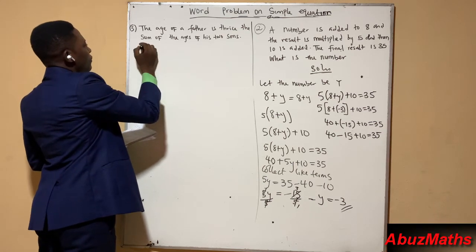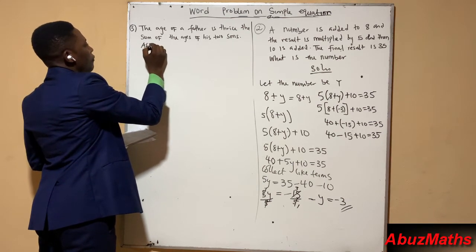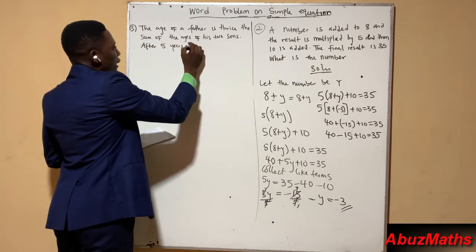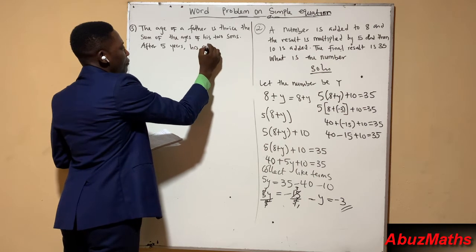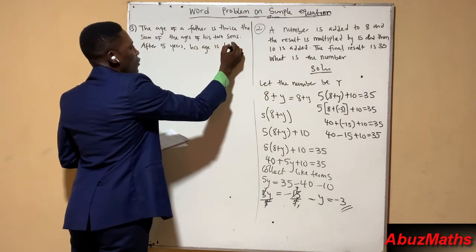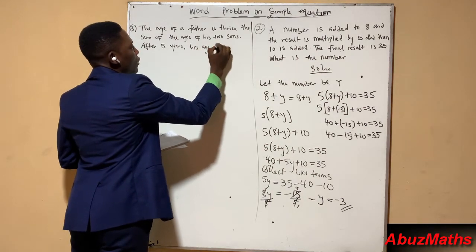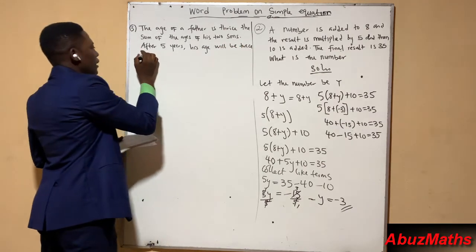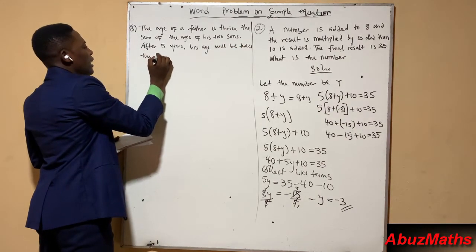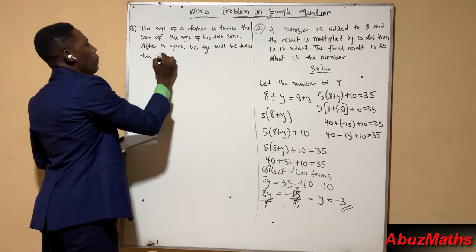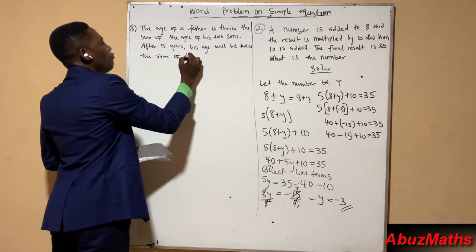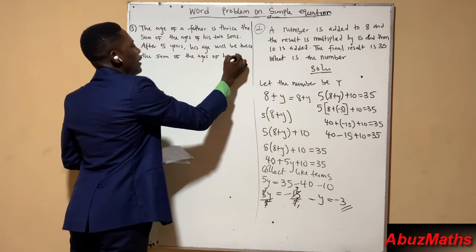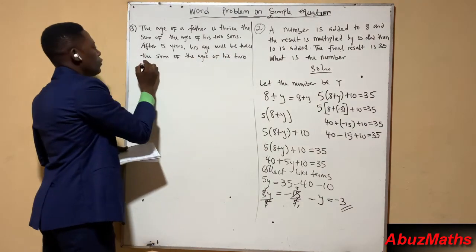After 5 years, his age will be twice the sum of the ages of his 2 sons.